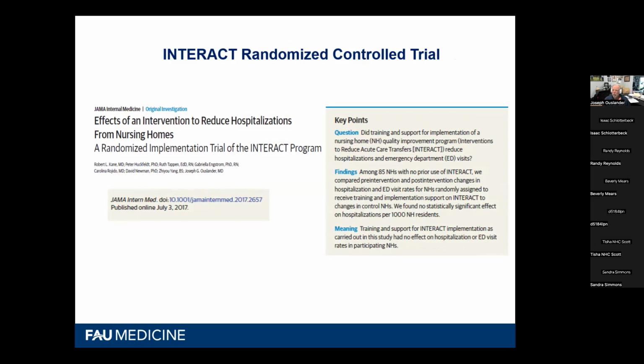We did a lot. There were too many nursing homes in the study to travel to each of them. There were 264 nursing homes, and we reported data on 85 nursing homes with no prior use of INTERACT, because the study was contaminated: a lot of the facilities started using INTERACT when they were in the control group.